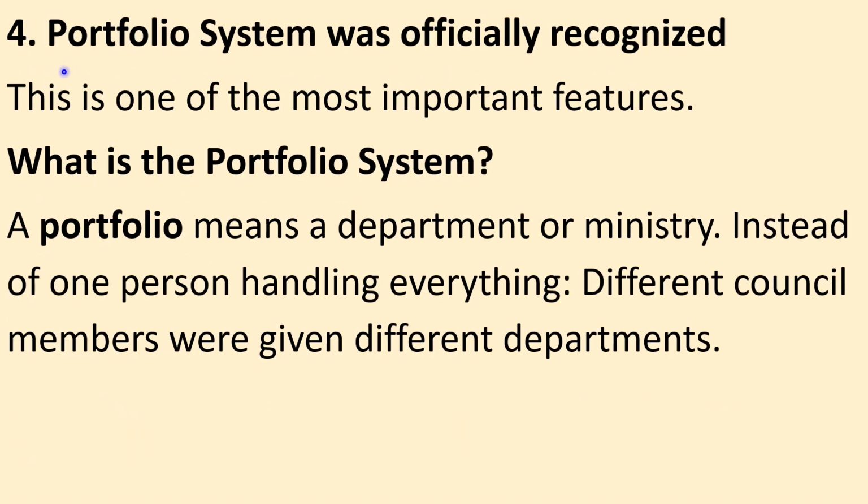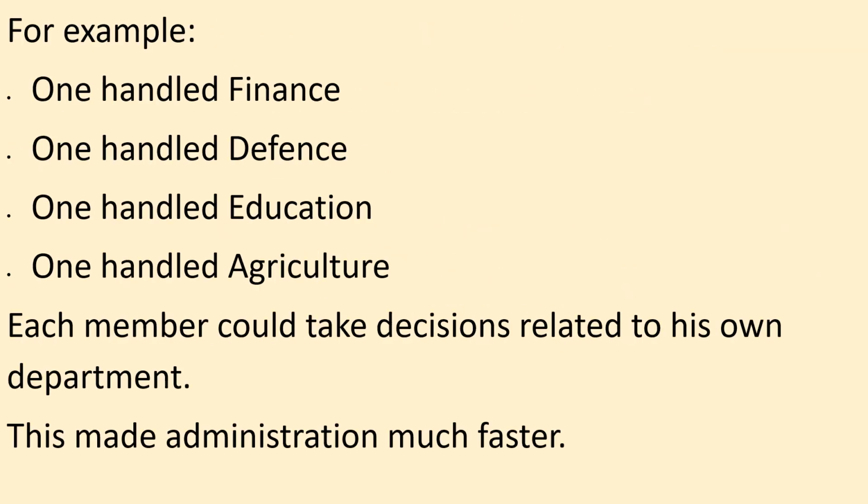Number 4. The portfolio system was officially recognized. This is one of the most important features. What is the portfolio system? A portfolio means a department or ministry. Instead of one person handling everything, different council members were given different departments.